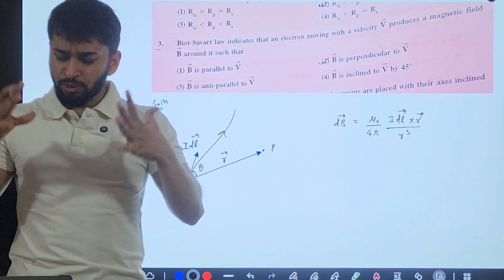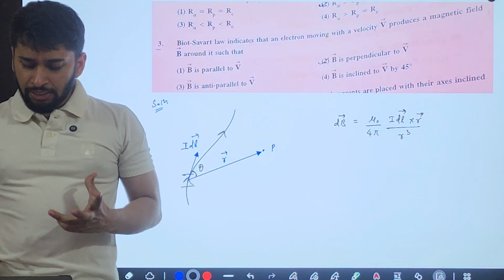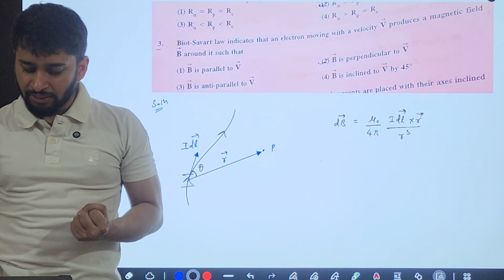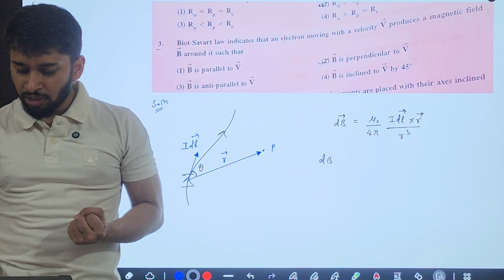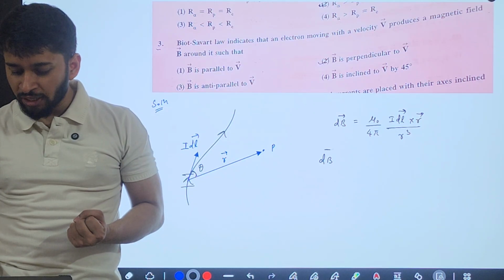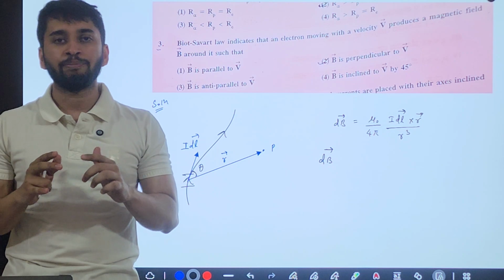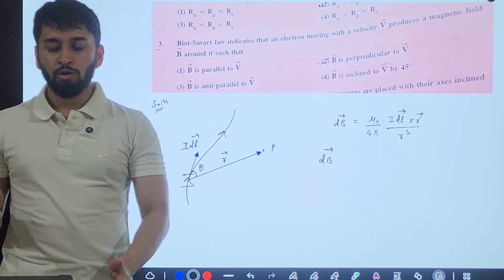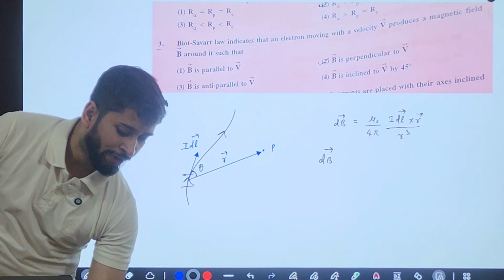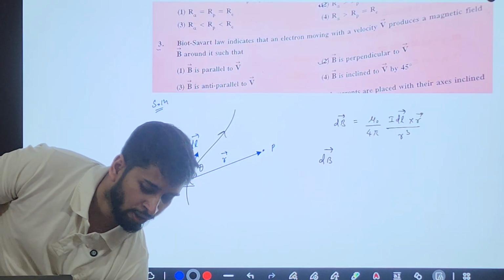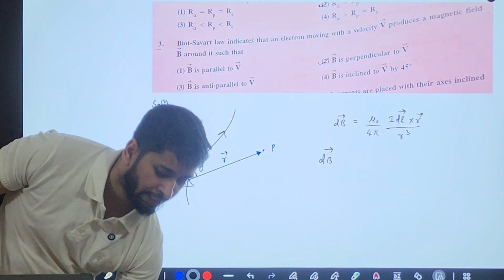That's fine. But the point is, this magnetic field dB bar, you know the property of cross product. Cross product of any two vectors is perpendicular to both the vectors. Everyone knows it, right?